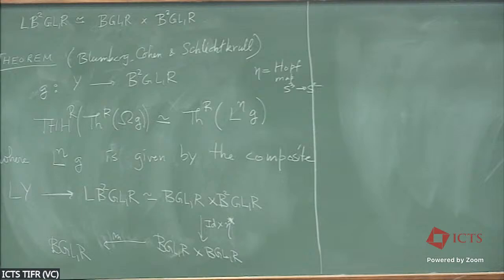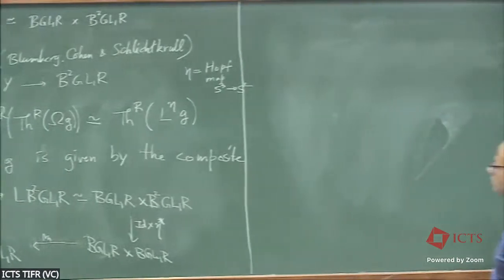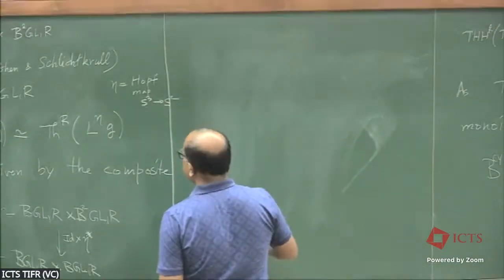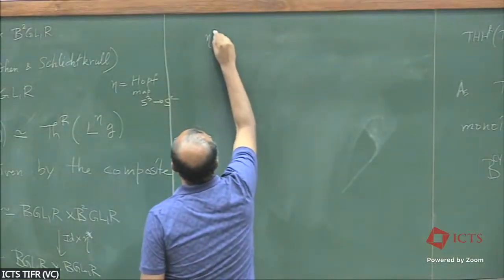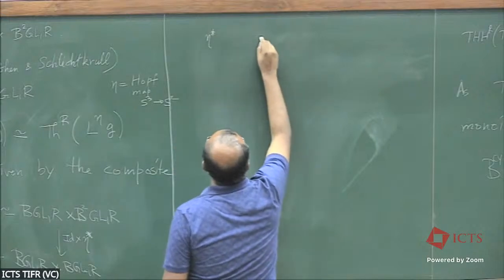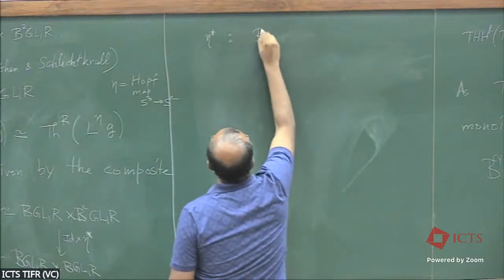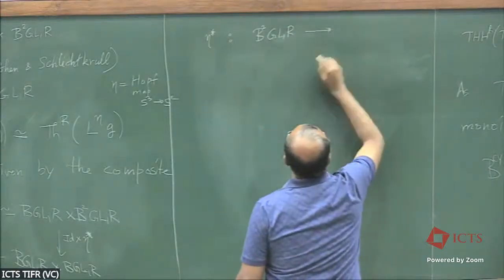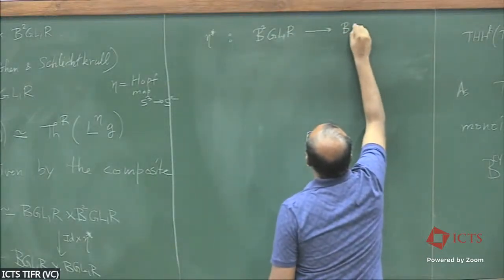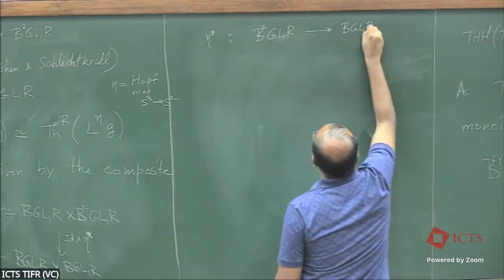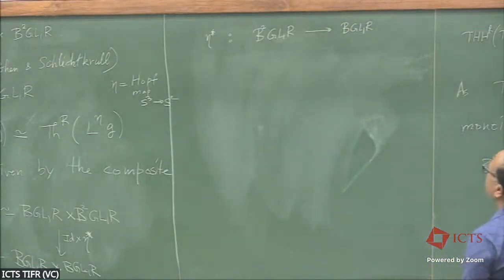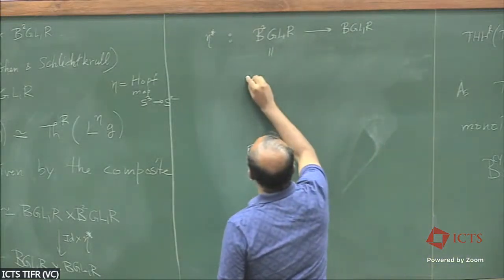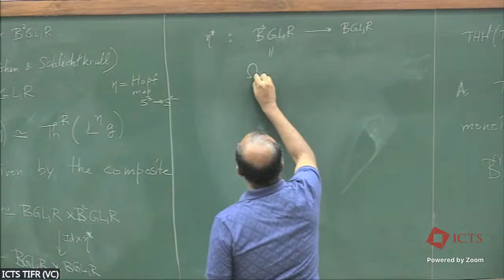Okay, so here, what is this eta upper star? Well, this eta upper star is a map from B square GL1R to BGL1R, and basically what you use is that this is an infinite loop space. In particular, this is a double loop space.